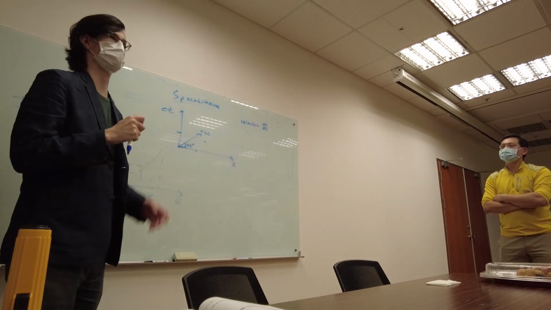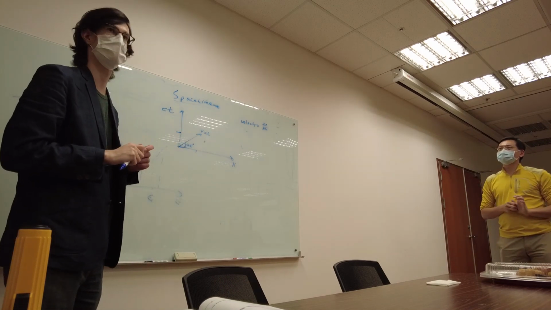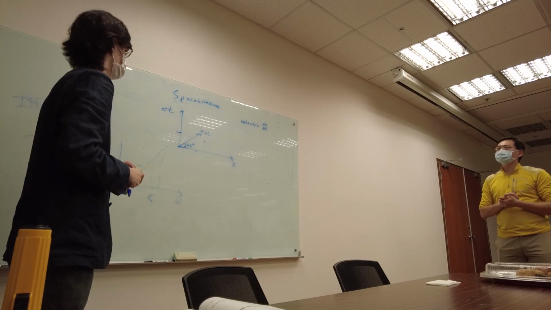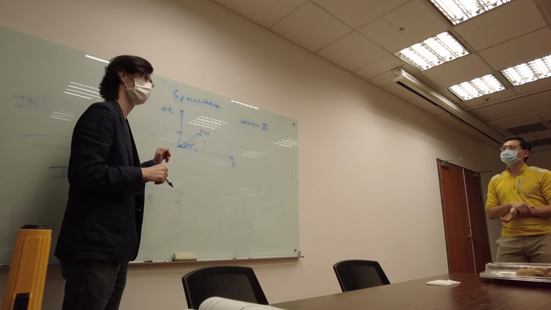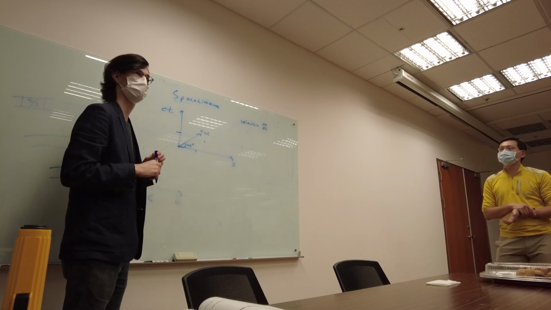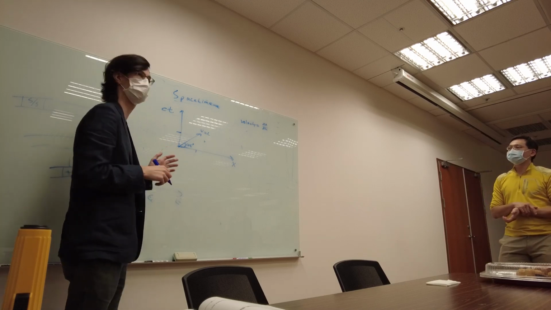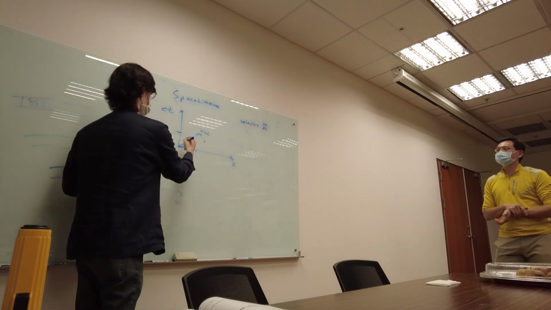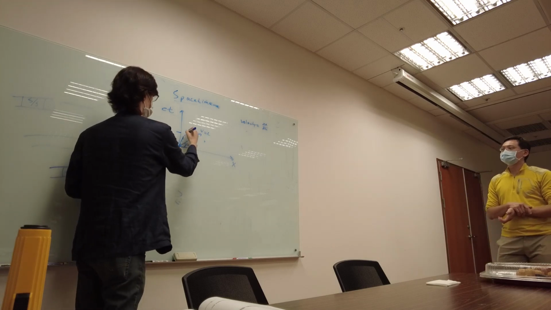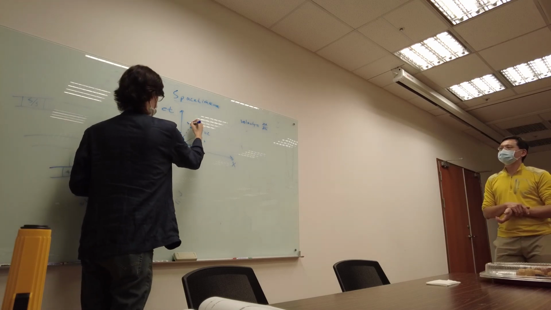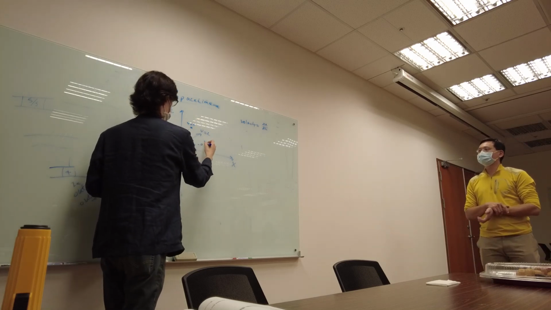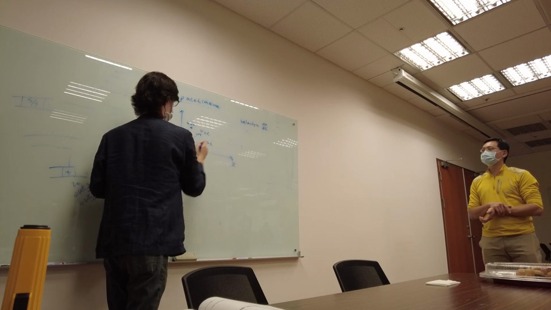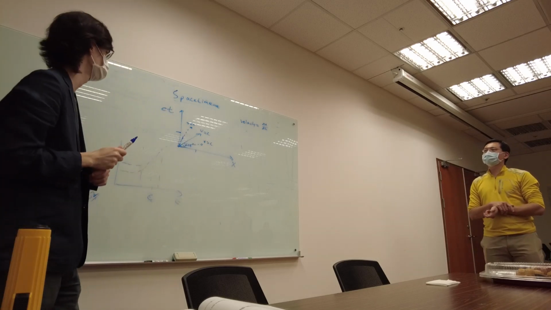And then the next part of the question is about how to draw velocities that are slower than the speed of light and faster than the speed of light. If a velocity is slower than the speed of light, it would live over here, less than c, and this velocity would be greater than c, right?